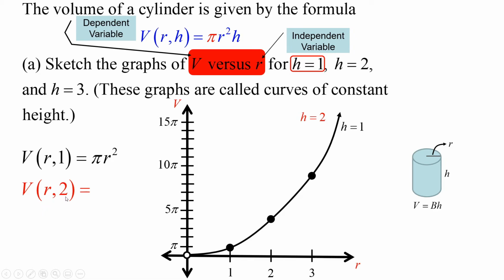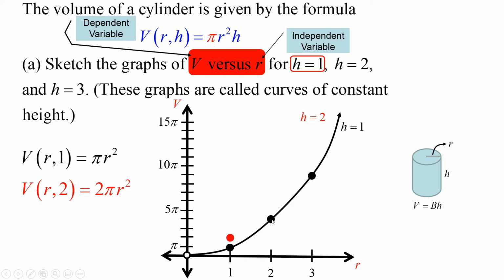All right, well, if h is 2, I have 2 pi r squared. Now, my first graph was V equals pi r squared. My second graph is V equals 2 pi r squared. So doesn't that mean I can really do this easily by just doubling my output at every r value? If I double 0, I'm still at 0. If I double the output at 1, which is pi, I'd have 2 pi.